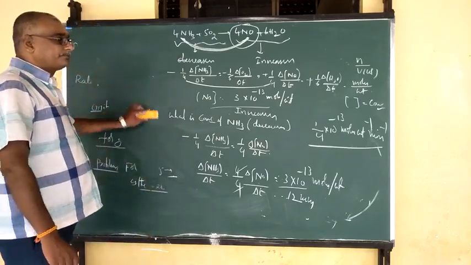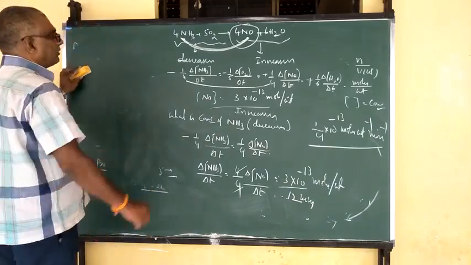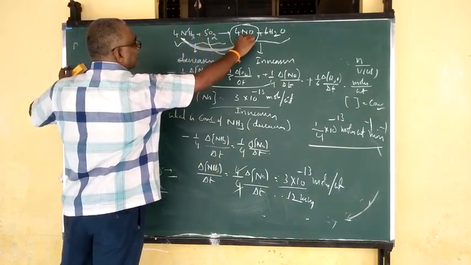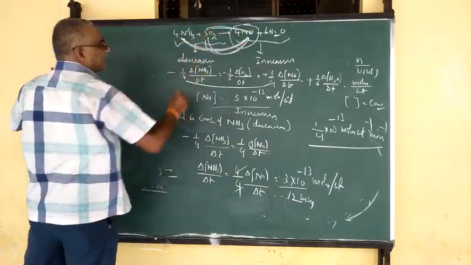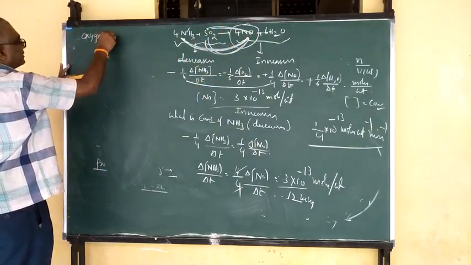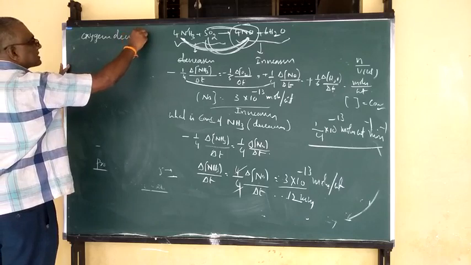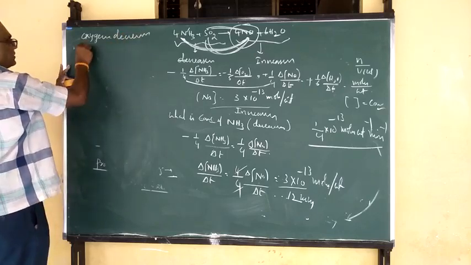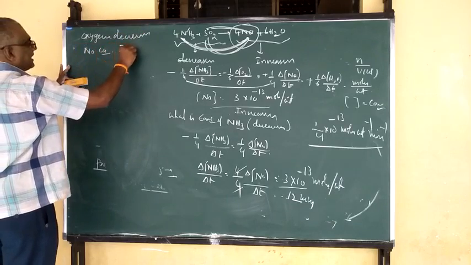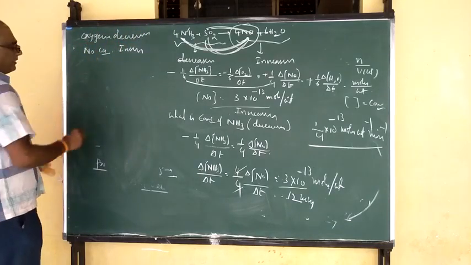The next one, same formula, ammonia versus oxygen. These two are given. But here the oxygen concentration decreases. Next, the NO concentration increases. How to relate it?